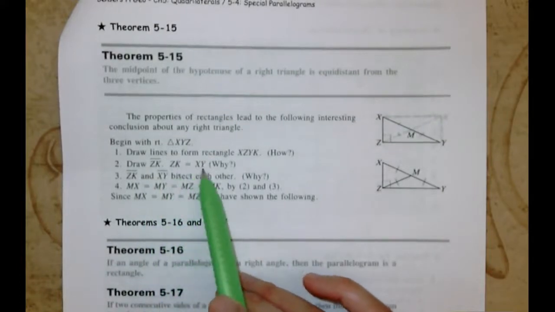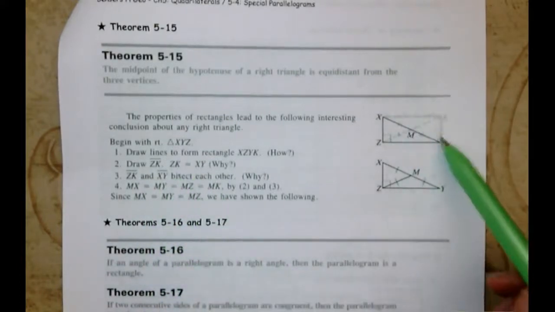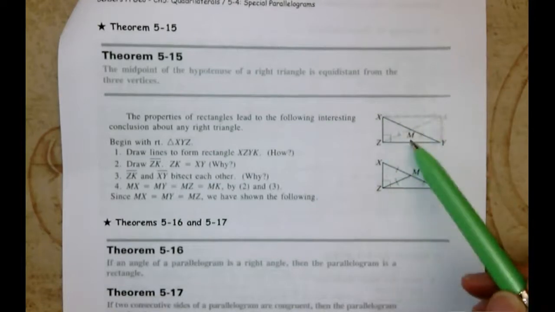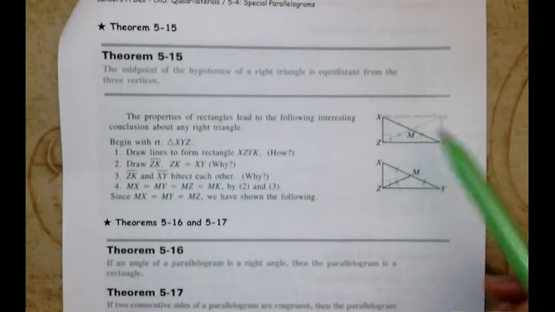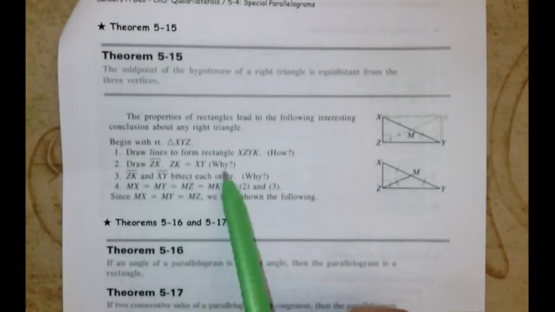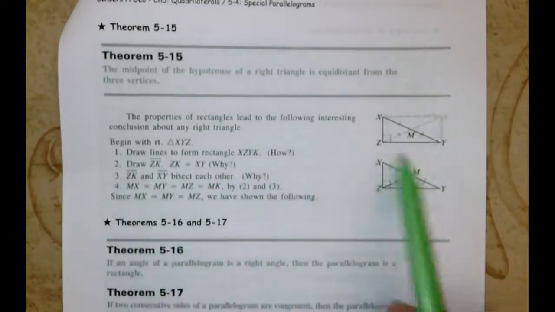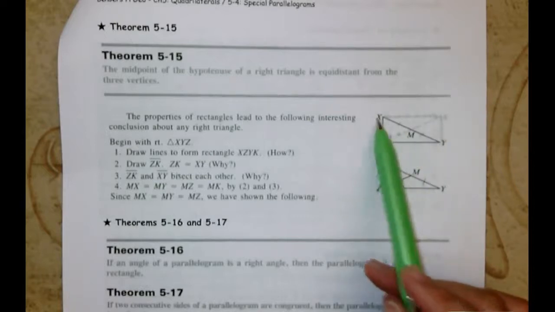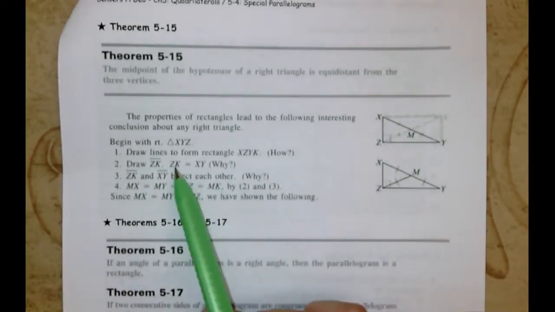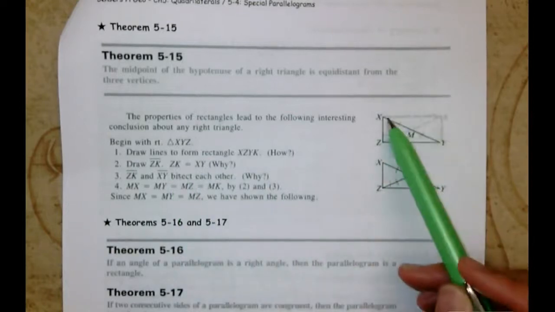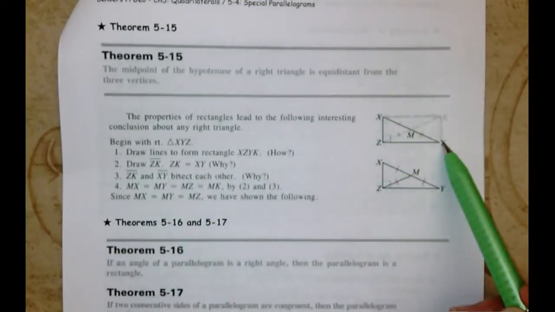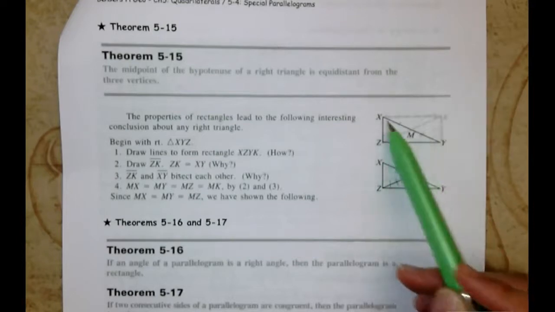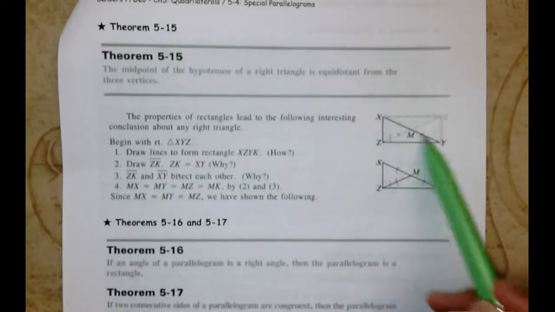Since this is a rectangle, it's a parallelogram, so the diagonals bisect each other, and ZK and XY bisect each other. Wait, ZK is XY.